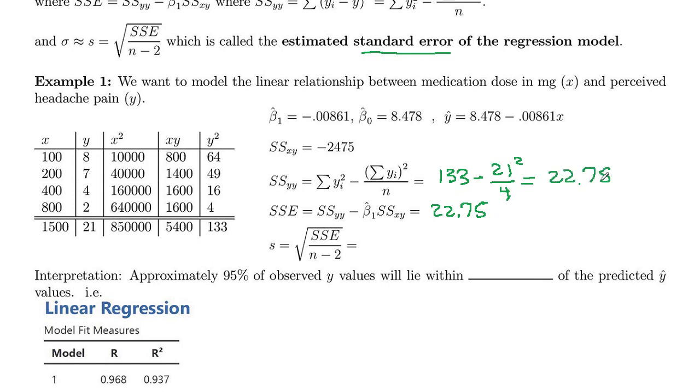So then our SSE is going to be sum of squares of yy, 22.75, minus our beta 1 hat, which is our slope, negative 0.00861, times sum of squares of xy, which is negative 2475.